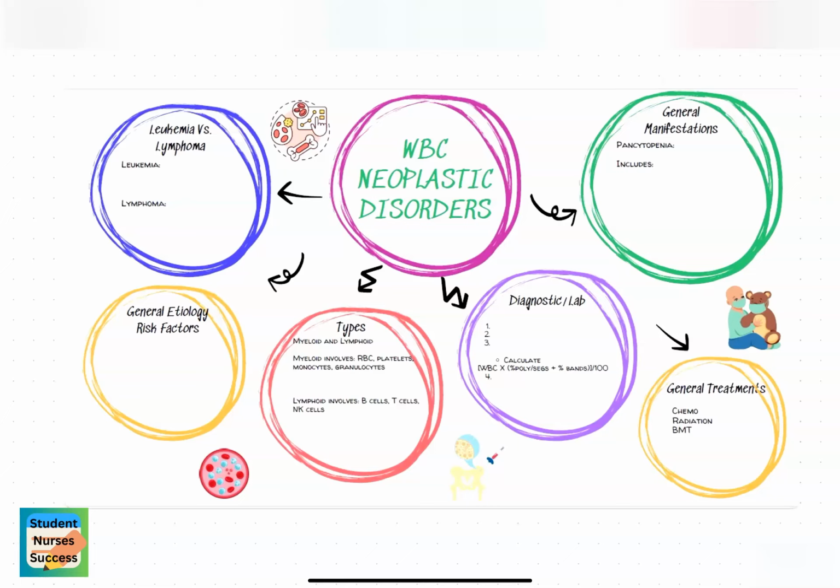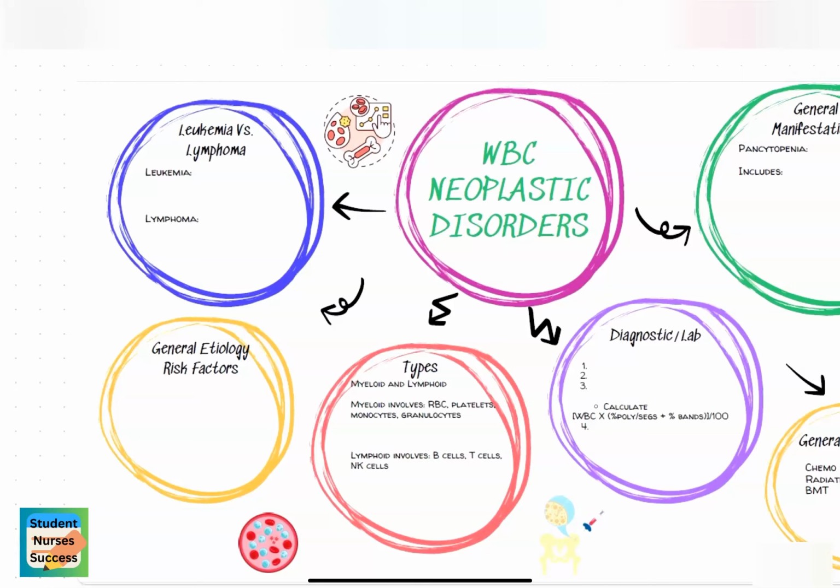The first thing we want to do is start with a few words about what is the difference between leukemia and lymphoma. Both are considered white blood cell cancers, but leukemias are proliferation or dysfunction of the bad white blood cells that start in the bone marrow, and these cells then circulate throughout the bloodstream.